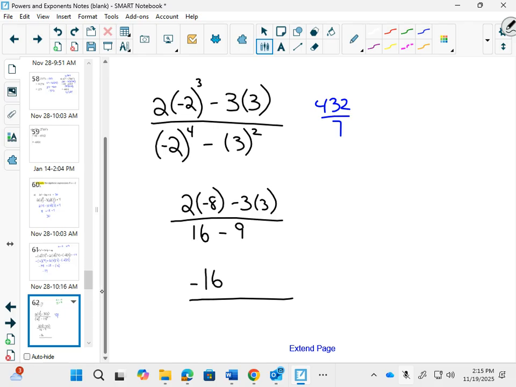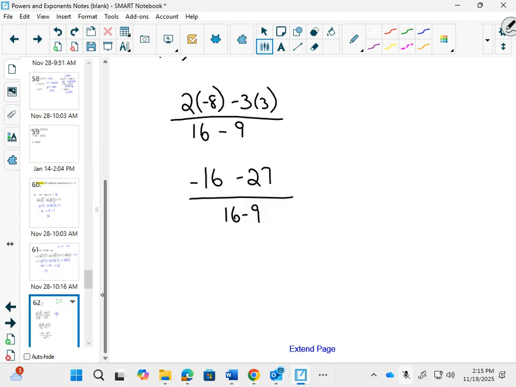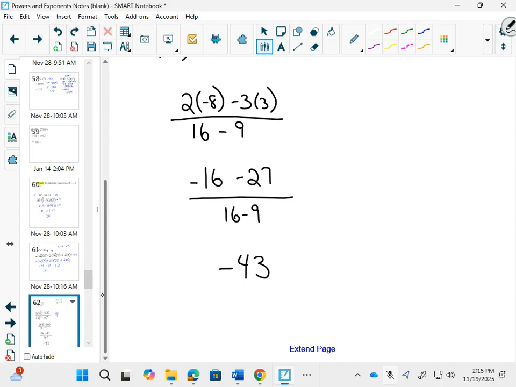I'm not sure that 432 over 7. Did I type it in right? Well, we'll find out. But I'm doing the order of operations. Negative 16 minus 27 over 16 minus 9. Now if I subtract the tops, negative 16 minus 27 is negative 43. And if I subtract the bottoms, I get 7.